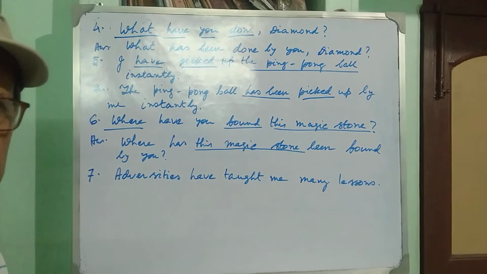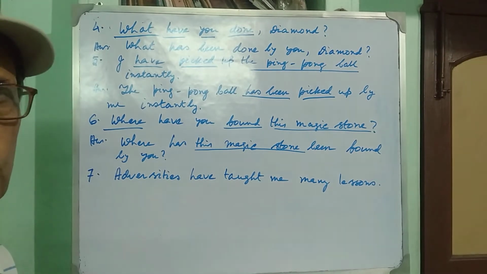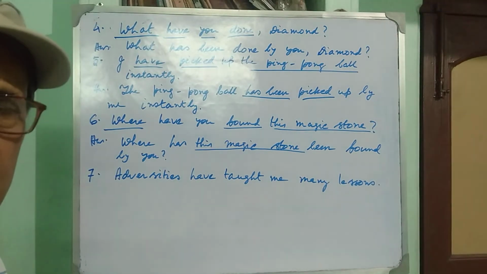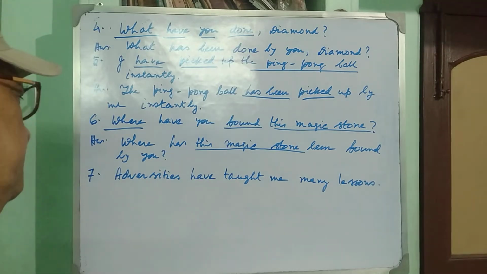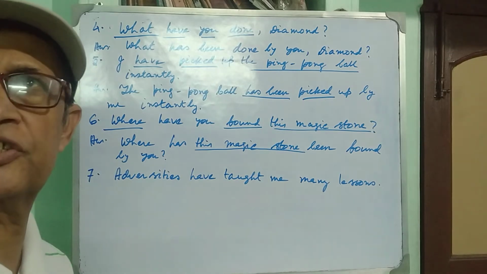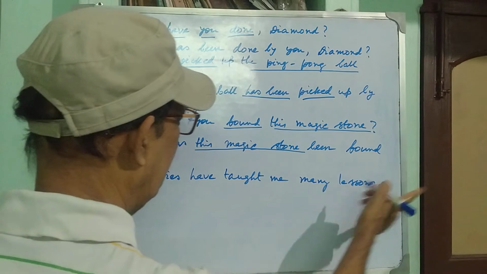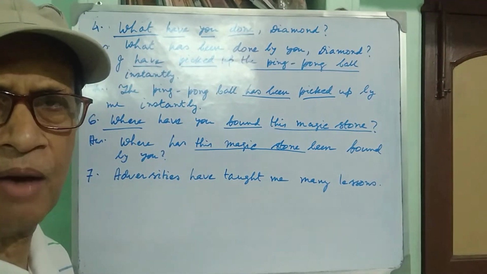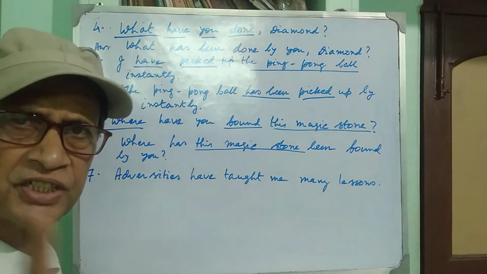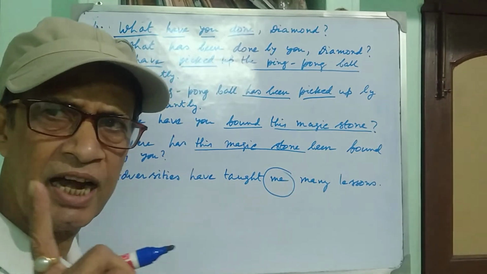Adversities means unfavourable circumstances, which are very difficult to overcome. Adversities means troubles, hindrances, etc. Adversities have taught me many lessons. There are two objects in this sentence.